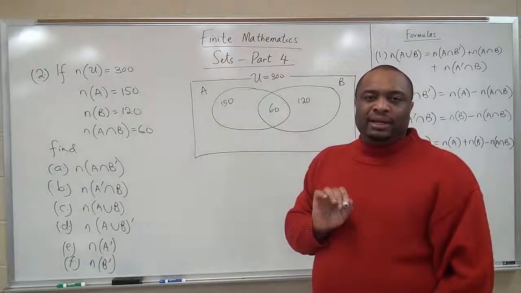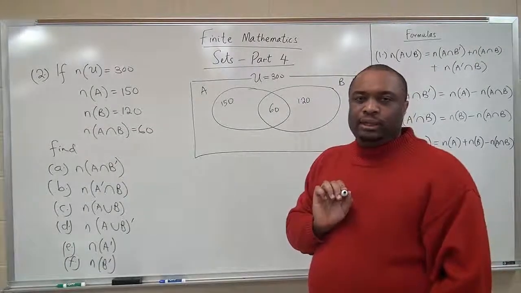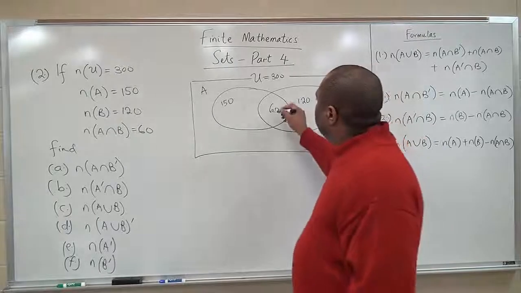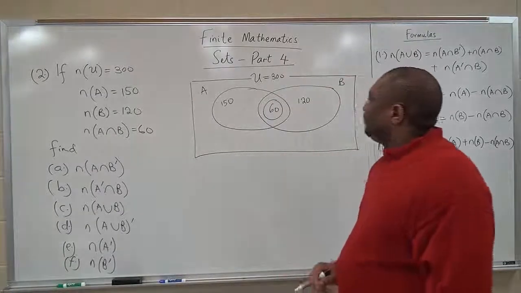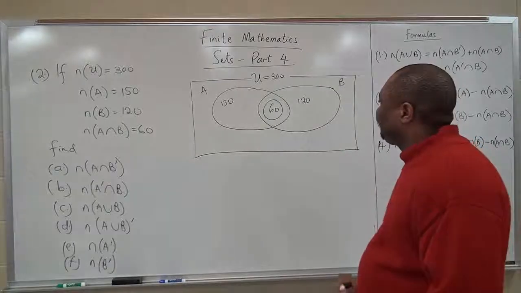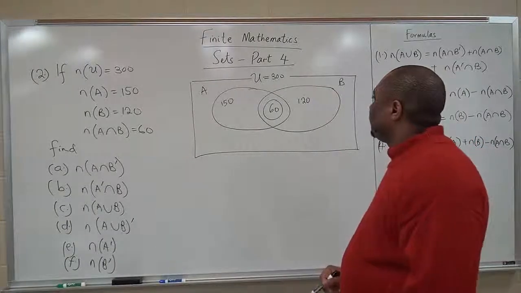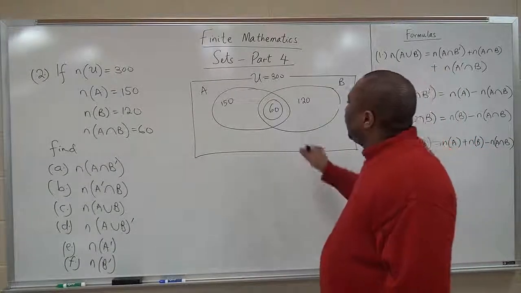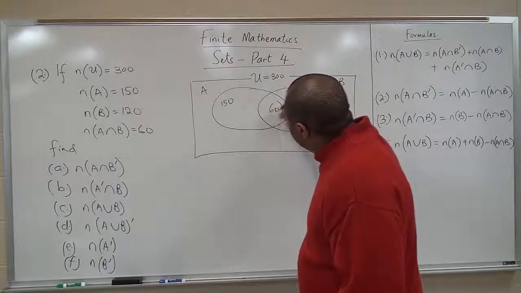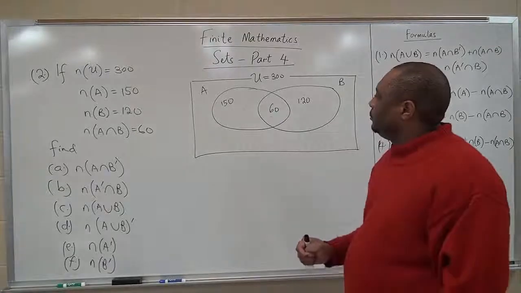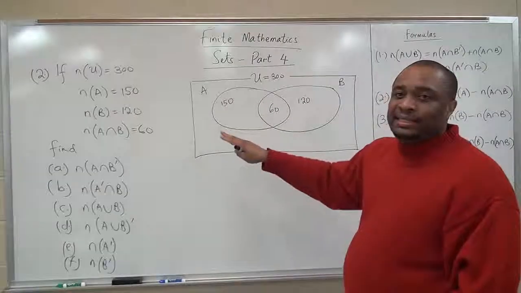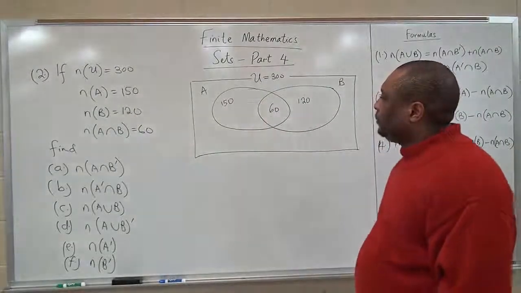I will be circling what I'll be using to calculate. So cardinality of A intersect B is 60.